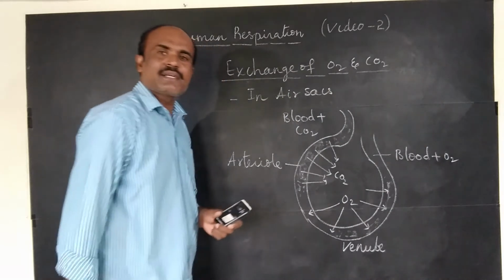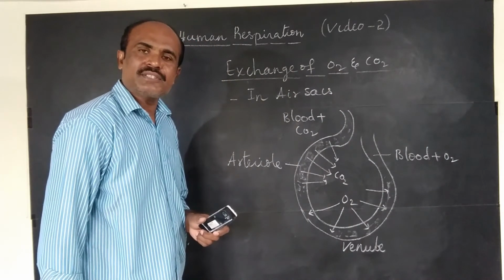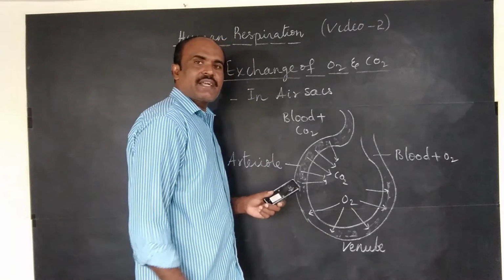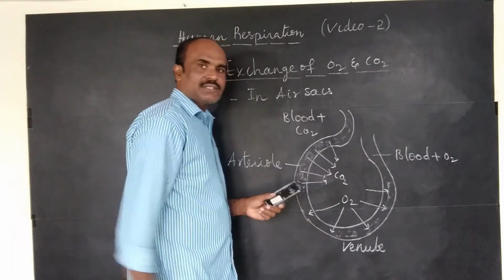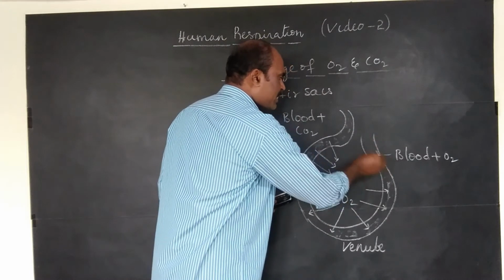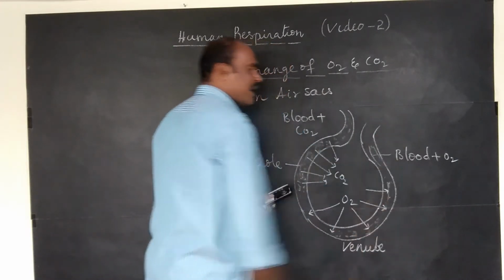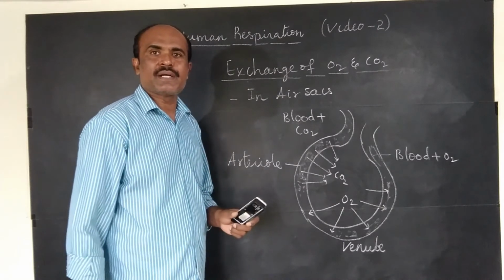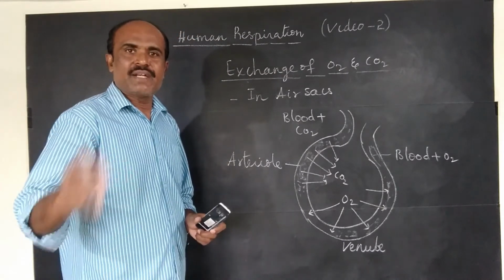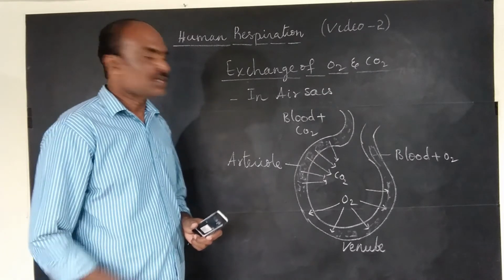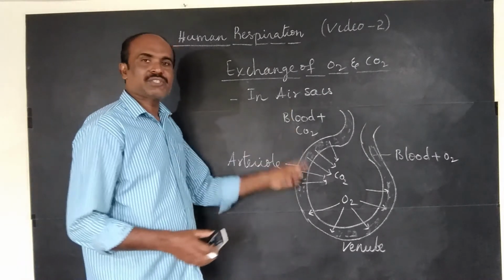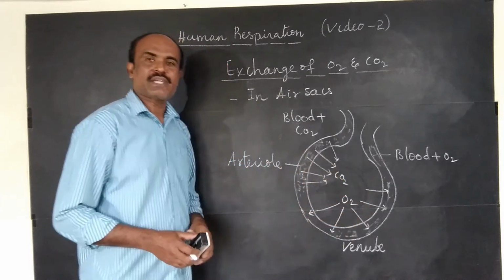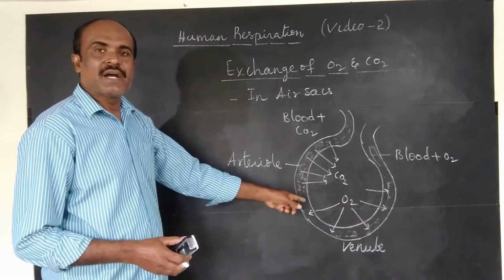It means oxygen gets mixed up with blood. That is called oxygenated blood. Pulmonary vein carries this oxygenated blood from lungs to left auricle, that we will discuss in our coming class. So this is how exchange of oxygen and carbon dioxide takes place in air sacs.